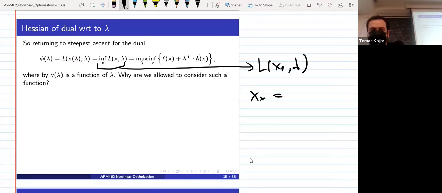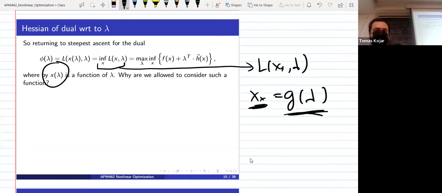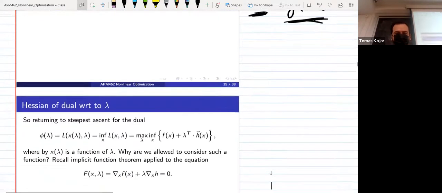Remember, whenever you find a minimizer with Lagrange multipliers, you get that it's a function of lambda, right? But let's prove that this is the case. That yes, it's always a function of lambda. It's not a priori clear.